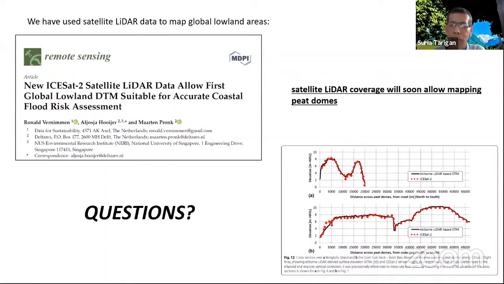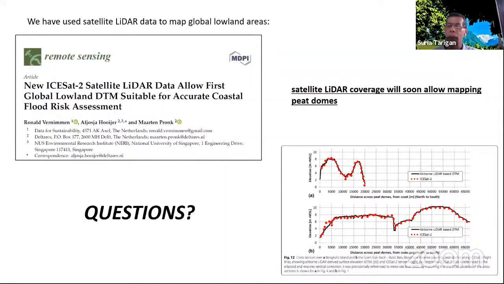Because of our time constraint, I would like to take one more question from the chat room. This is from Pak Bismarck from Kalimantan in the Mega Rice Project area, related to the use of LIDAR for water zoning.